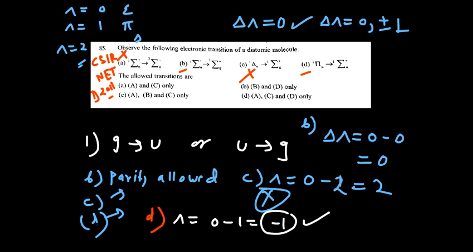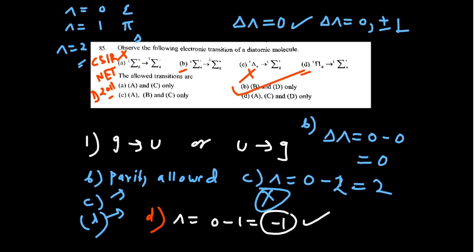Now check the signs. You see here, plus to plus is allowed, and there is no question of plus and minus here, so it could be allowed. So the correct answer is the option having B and D. Your option B looks correct, so you can mark this option B as the correct answer.